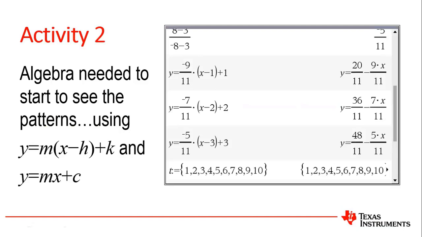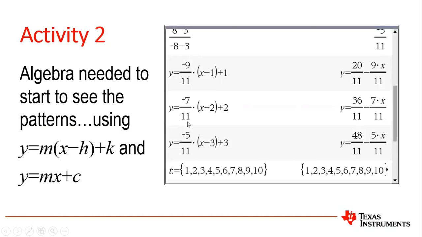And then the 2 versions of linear equations, one of them, y equals m brackets x minus h plus k, was very useful for placing in the known gradient and the coordinates of one of the points that the line was going through.